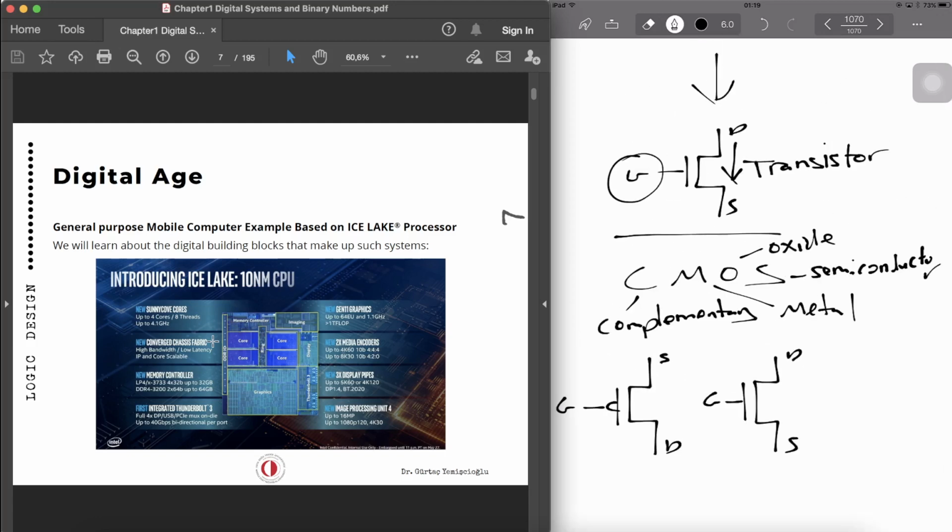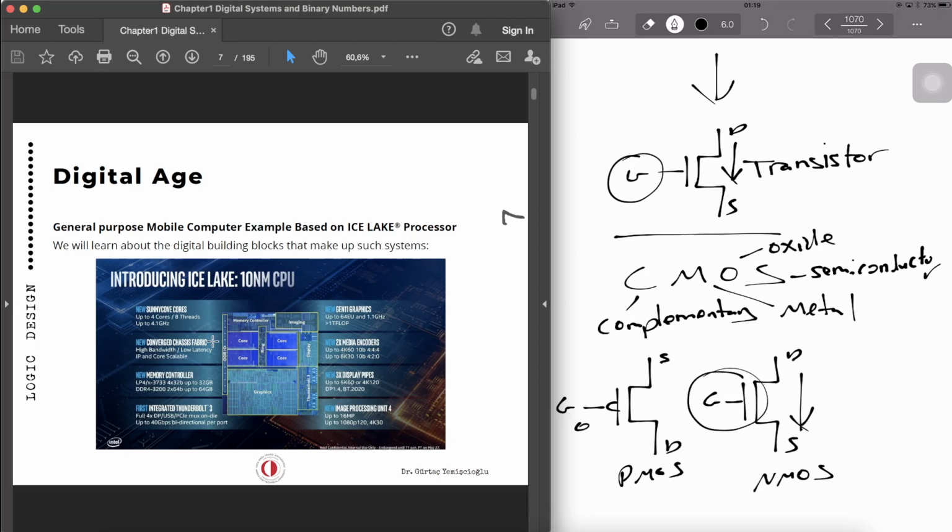Now, these complementary transistors, they are actually complementing each other. So, as we already said, when we apply a positive voltage over here, like 3 volts, 5 volts, and so on, we are allowing the current to go through. The PMOS transistor, this is NMOS, the PMOS transistor is the other way around.